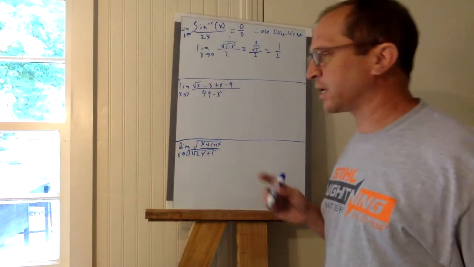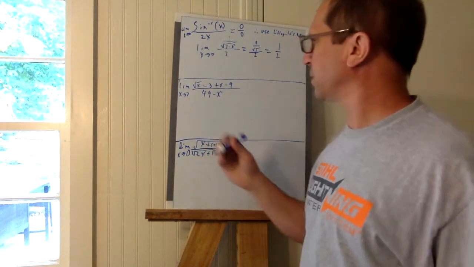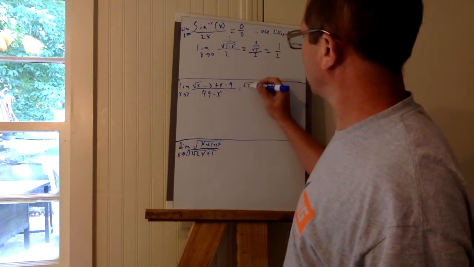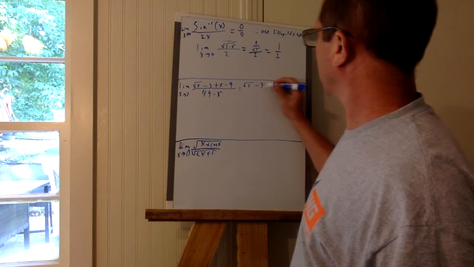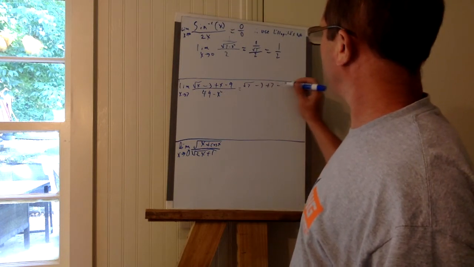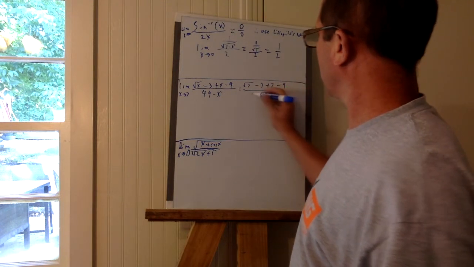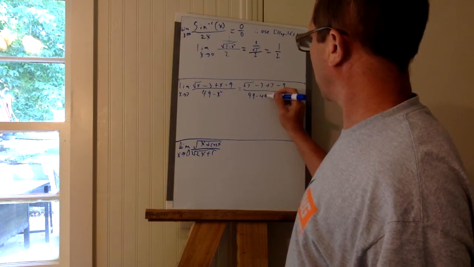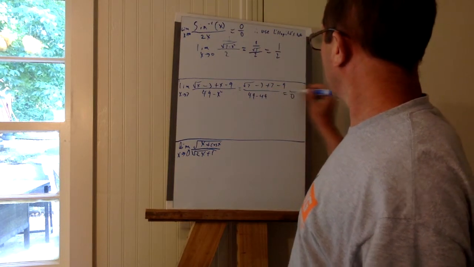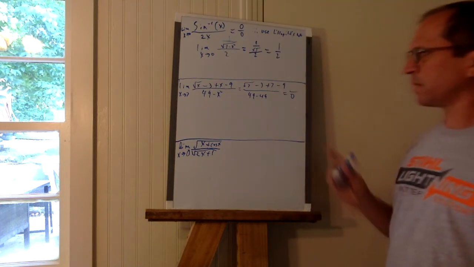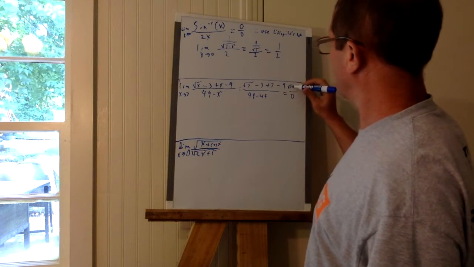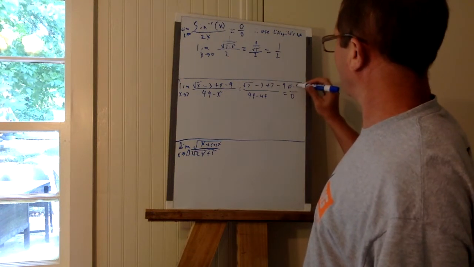All right, so let's look at this next one. We want to determine the indeterminate form here. So we get the square root of 7 minus 3 plus 7 minus 9 over 49 minus 49. Okay, so we get 0 in the denominator. But looking at the numerator, it is the square root of 7 minus 5.